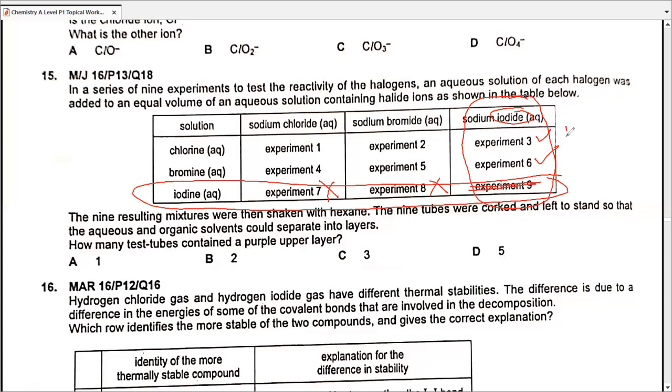So these will produce iodine as a product. This would have iodine as an unreacted reactant, and this would have iodine because there can't be even a reaction in there. So actually all 5 of these consist of iodine, which would easily mix into hexane, and once it mixes into hexane, then we clearly understand that this is going to give us a purple color. Make sense?